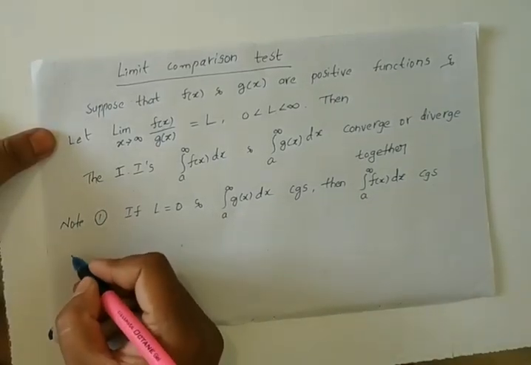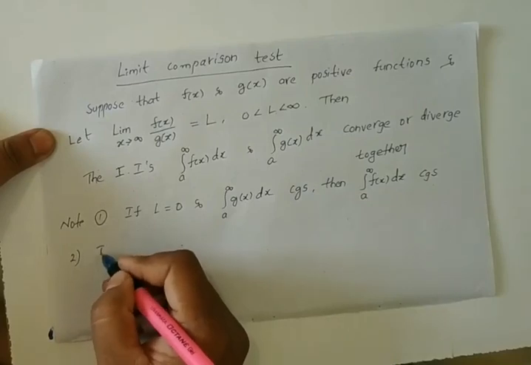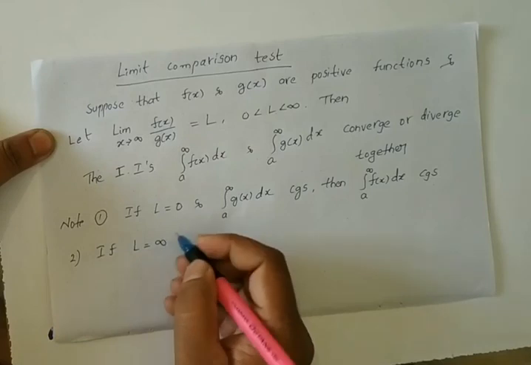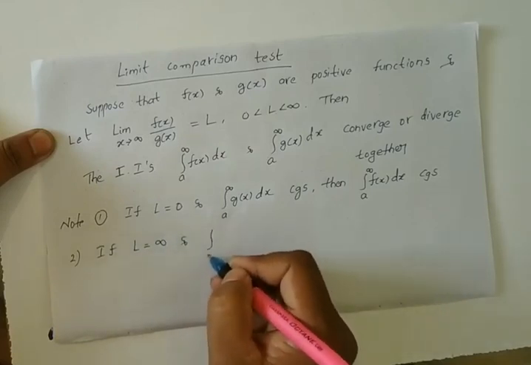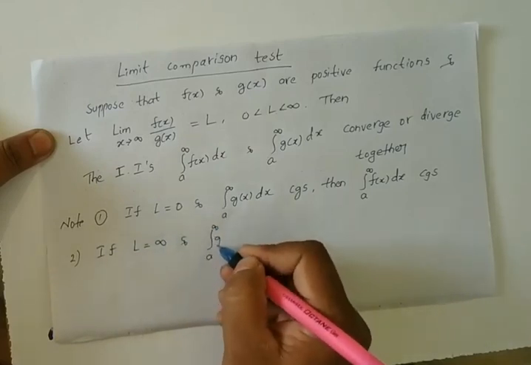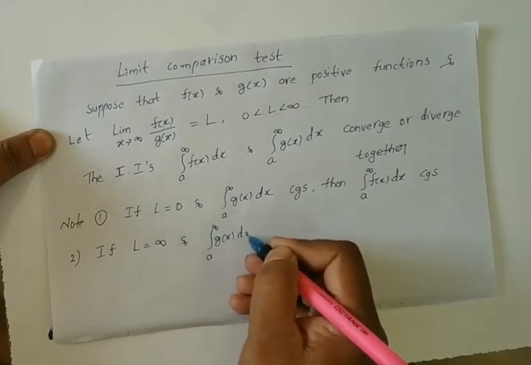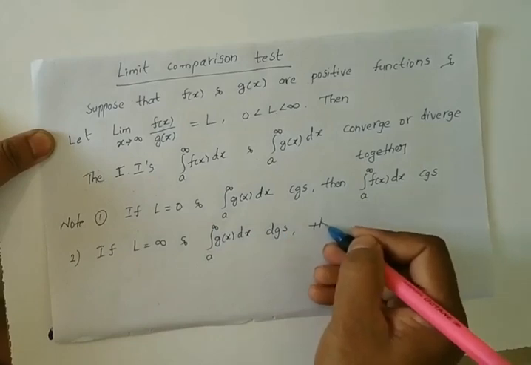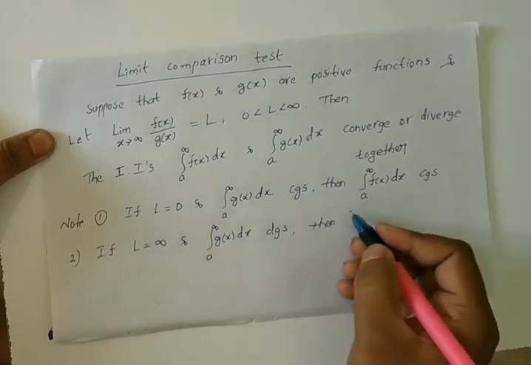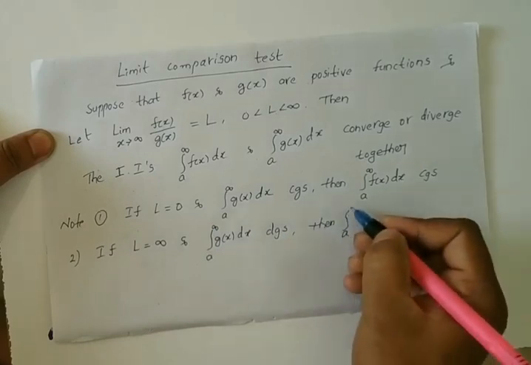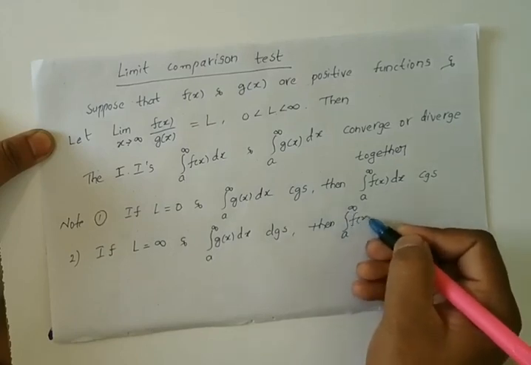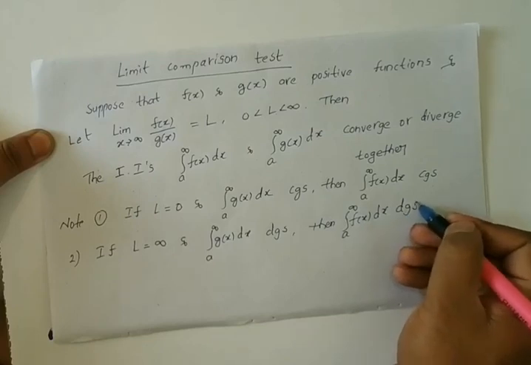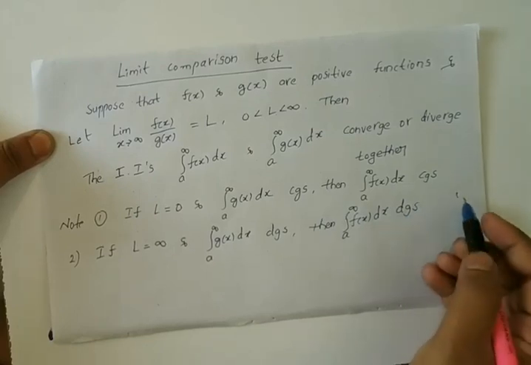Similarly, write down note 2. If L is equal to infinity and the integral from a to infinity g of x dx diverges, then the integral from a to infinity f of x dx diverges.